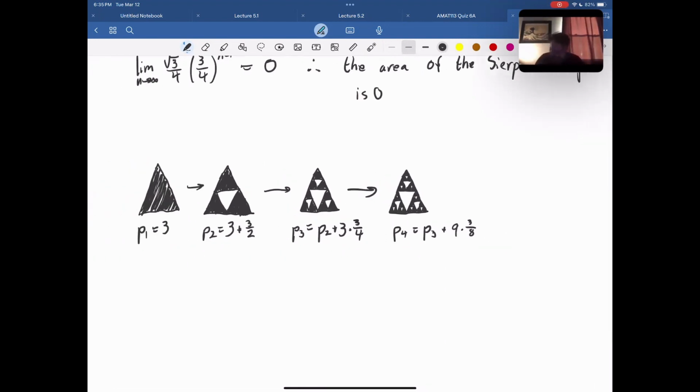Now, if we start moving backwards and removing these P2s, right? So we start out with P1 equal to 3. P2 we can say is really equal to 9/2, right? And then P3, well, we got to do a little bit of arithmetic now.